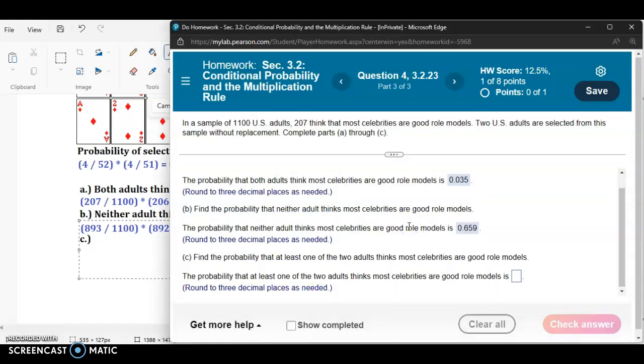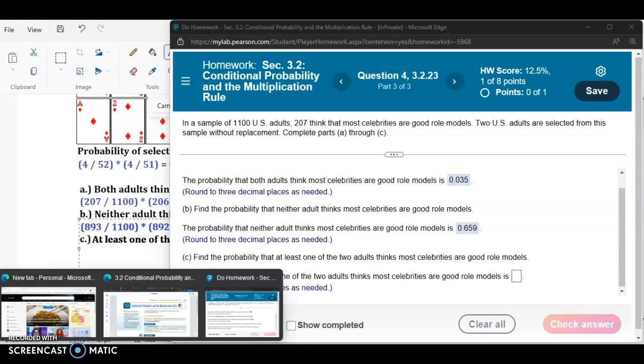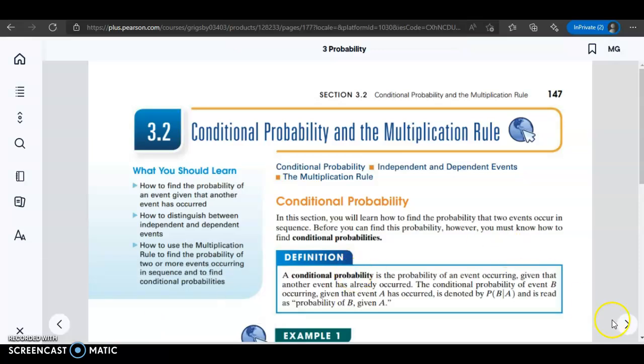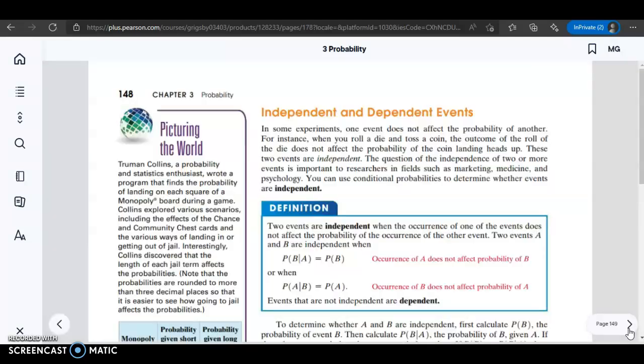Okay, so part C says find the probability that at least one of the two adults thinks most celebrities are good role models. Okay, so part C we have to think about a little bit. So let's go to the book. There should be a section in section 3.2 that talks about how to find the probability of at least one.